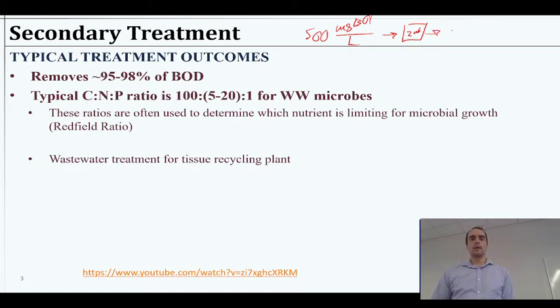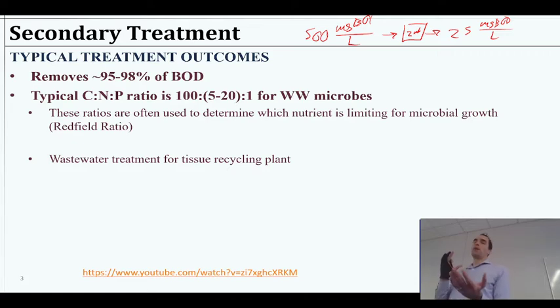Let's say it does 95, then that can be down to 25 milligrams BOD per liter, for example. Right? So at 25 milligrams BOD per liter, one thing we can consider is the fact that in a sample of water, the saturation point of oxygen is about 8 to 10 milligrams per liter. Depends on the temperature a bit. But we can expect something like that.